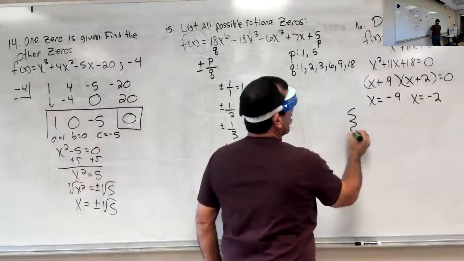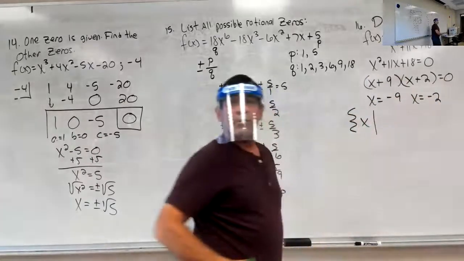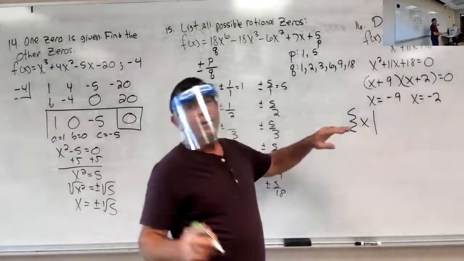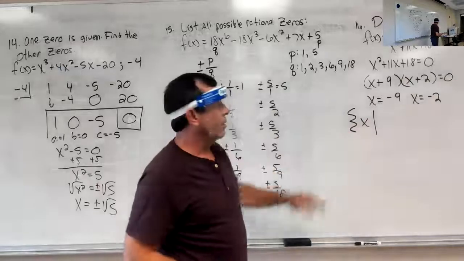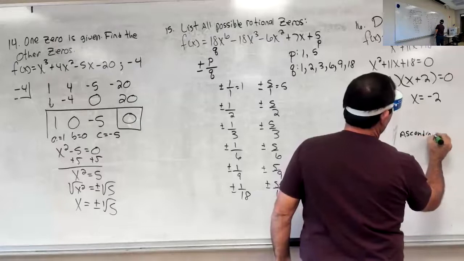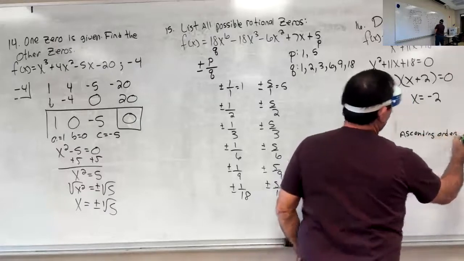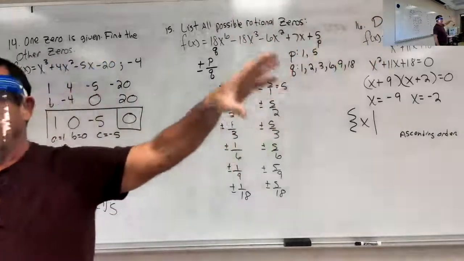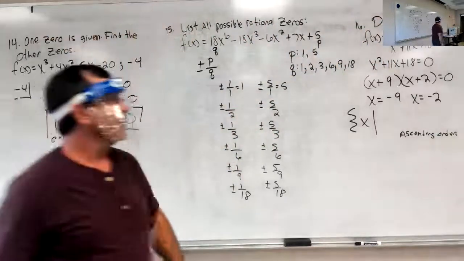First, this one wanted the answer in set builder notation, and then they want me to do it in interval notation. Now here's the thing on the set builder: they want it in ascending order. Ascending order means from small to big, and descending would be from big to small.